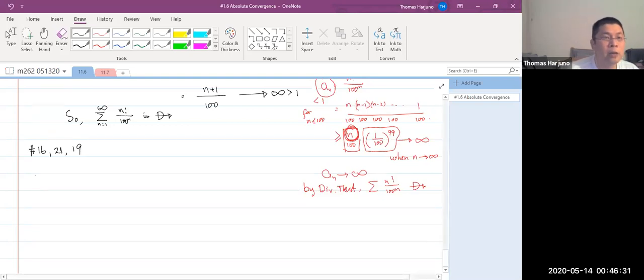Okay, let's try number 16 first. So number 16, we have the series sum from n equals 1 to infinity of (3 minus cosine n) over (n to the power of 2/3 minus 2).